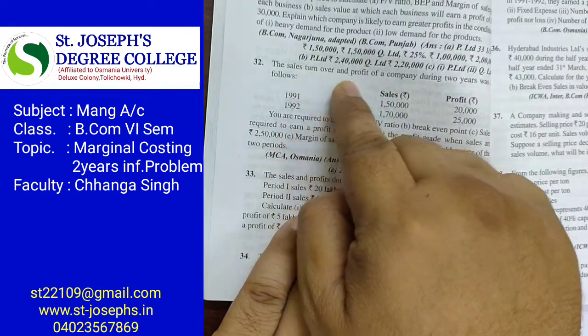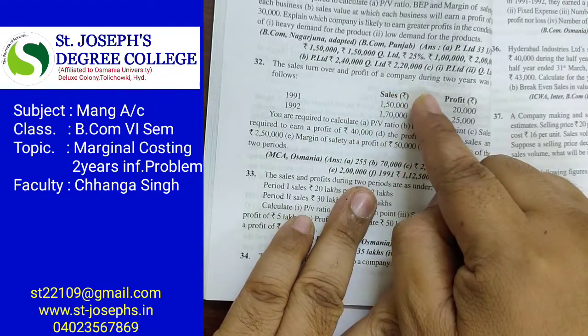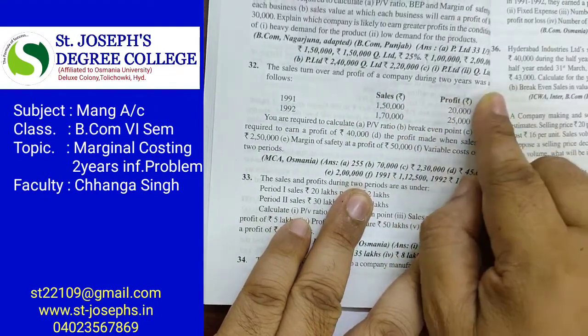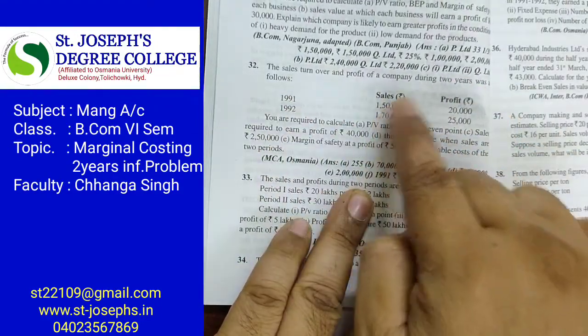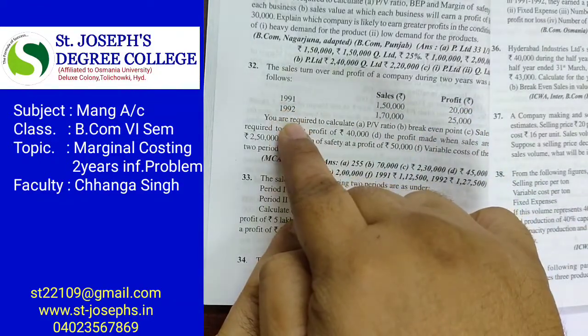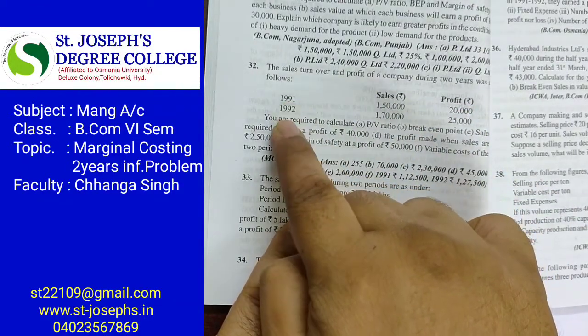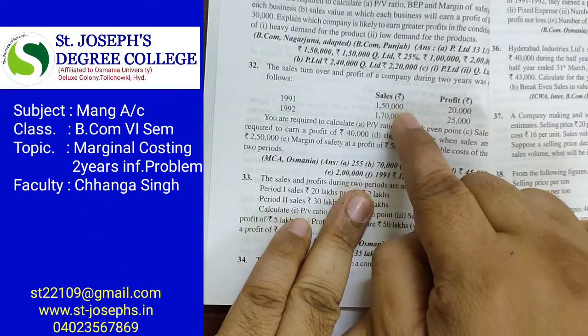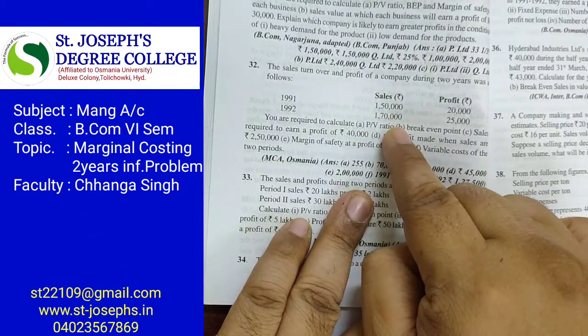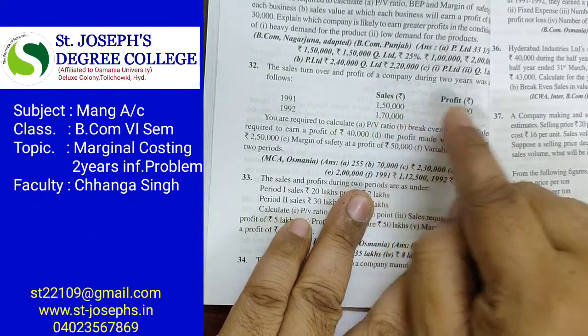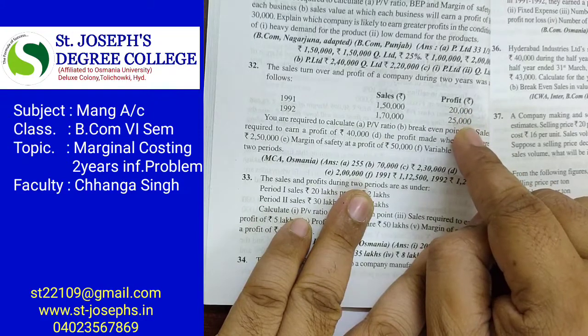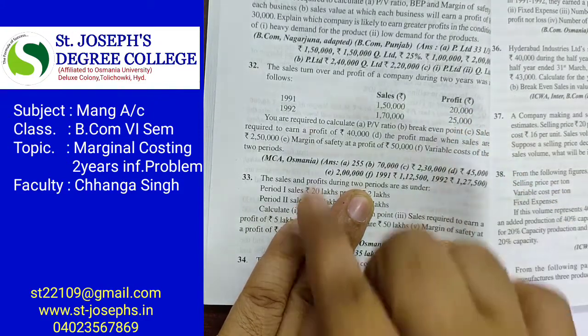The sales turnover and profit of a company during 2 years was as follows. Sales and profit, 2-year information, 1991 and 1992. Sales are 1,50,000 and 1,70,000 for the 2 years, and profit is 20,000 and 25,000.